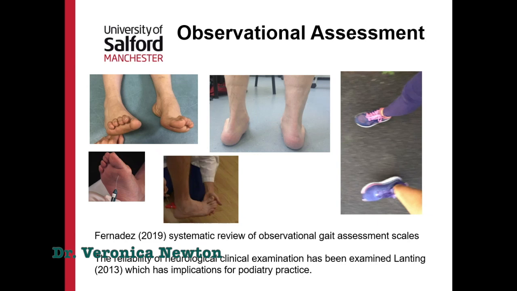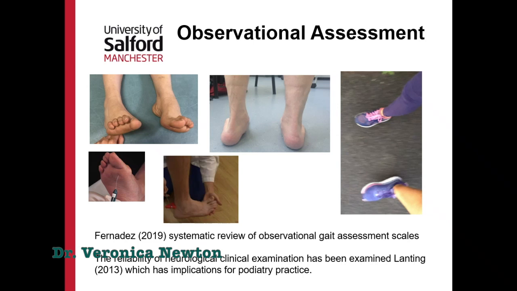When we look at some of the literature, Fernandez just last year undertook a systematic review of observational gait analysis to look at its reliability in practice. The conclusion of that review was that we should be looking at instrumented analysis in order to get the most reliable results for measuring the effects of neurological deficit on gait.